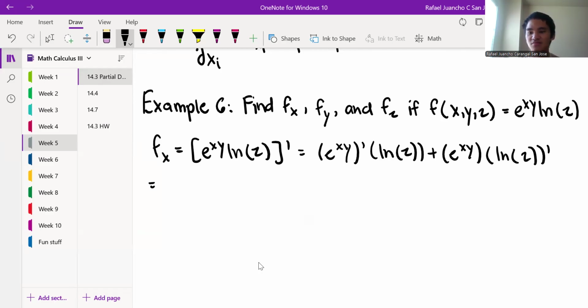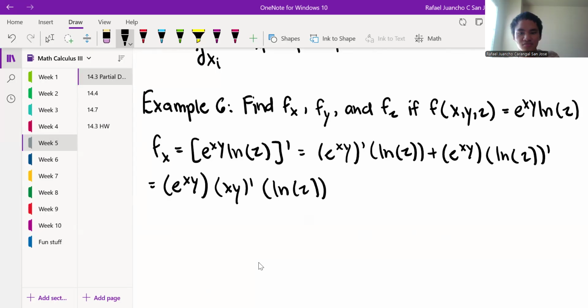Well, this is just e to the xy times chain rule, so this one, times this thing, plus e to the xy, chain rule of this, well, this is just a number. So actually, this is a 0. So if that was a 0, then it completely cancels, right? Gone. This one's gone, because the derivative of this is a 0. So we're left with this.